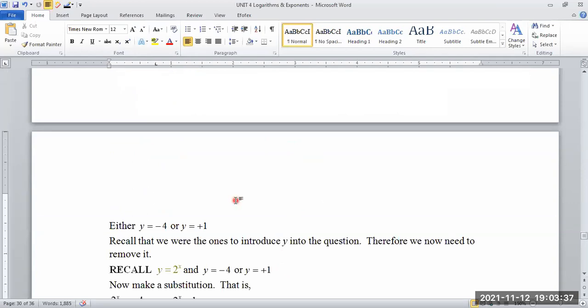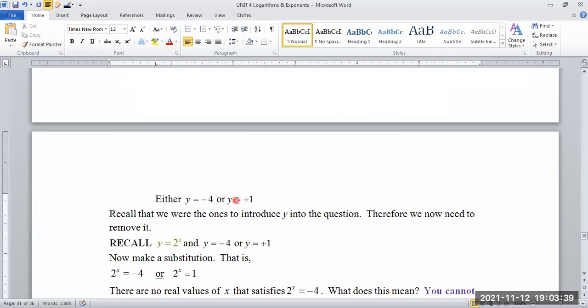So either y equals negative 4 or y equals positive 1. That's what we calculated. Recall that we were the ones to introduce y into the question. Therefore, we need to remove it. We cannot leave it in like that. We were not given it.